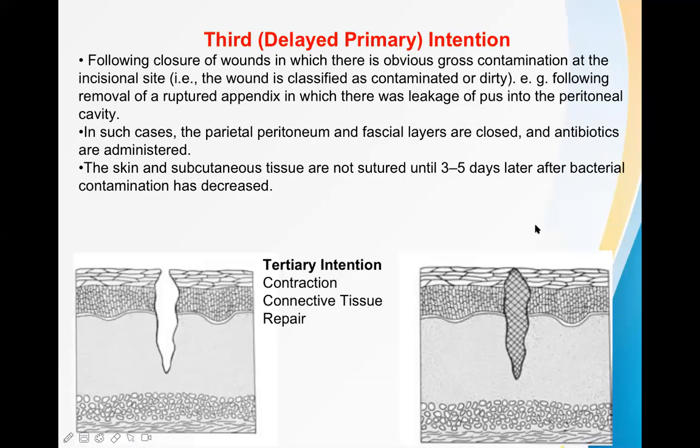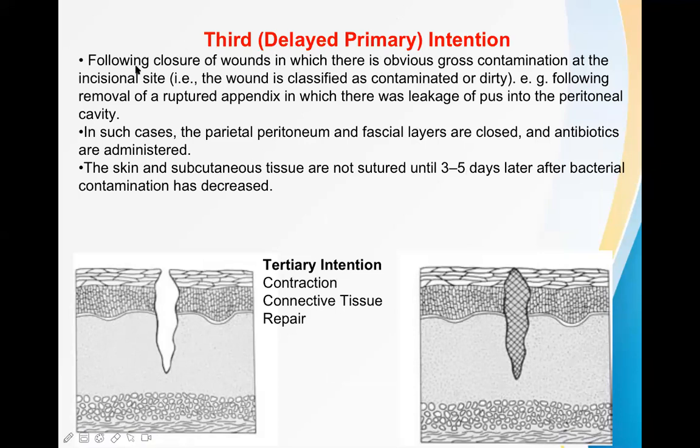There is one more type of healing which is known as healing by delayed primary or third intention. In some of the textbooks, it is written as delayed primary, in others third intention. Now let's elaborate on this. See there? Okay.